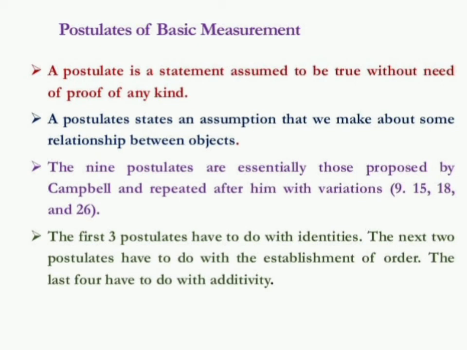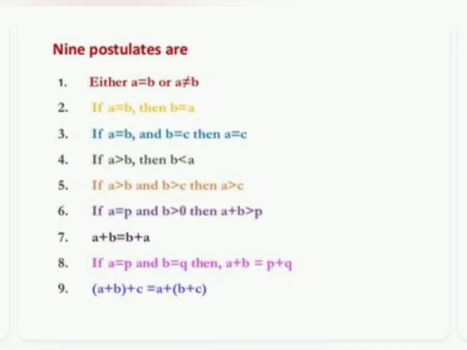The first postulate is that either A is equal to B or A is not equal to B. That means if there are two objects A and B, there can only be two options: either A and B are equal or A and B are not equal.